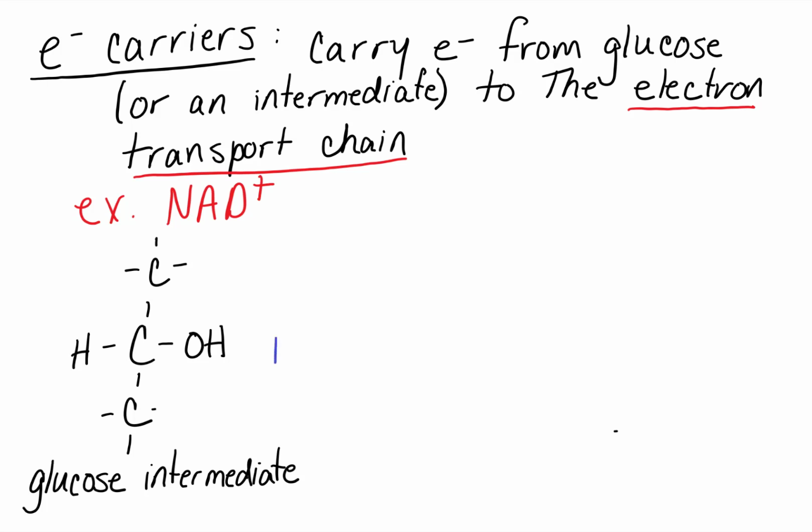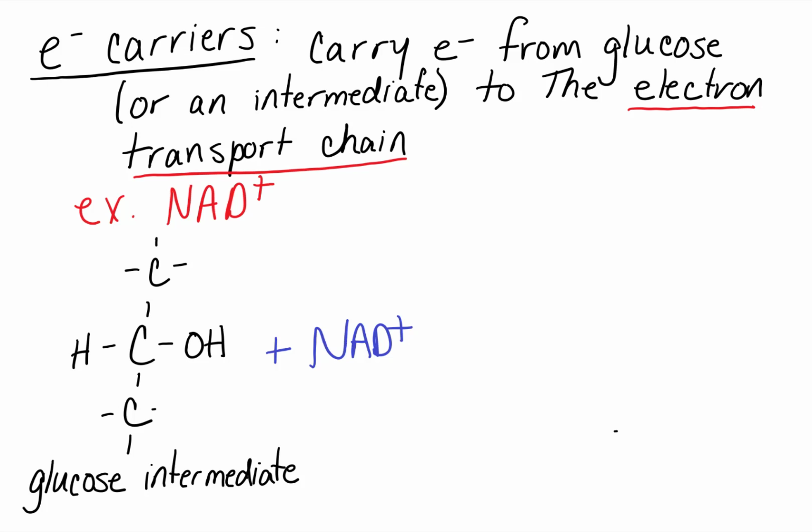So NAD+ and the glucose intermediate are going to represent our reactants in a chemical reaction. Okay? And we are going to look specifically at a redox reaction. We know that a redox reaction transfers one or more electrons between reactants with some energy that is released. Okay?